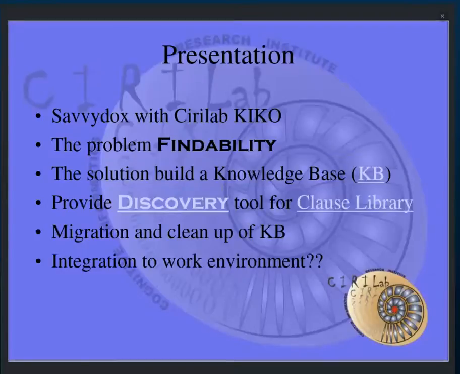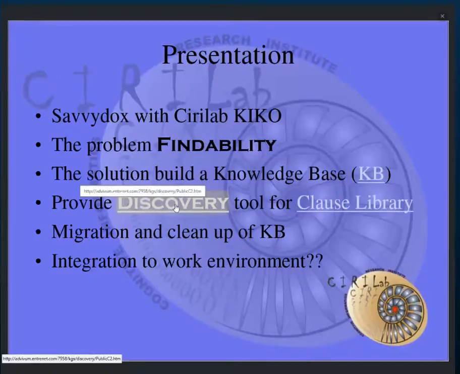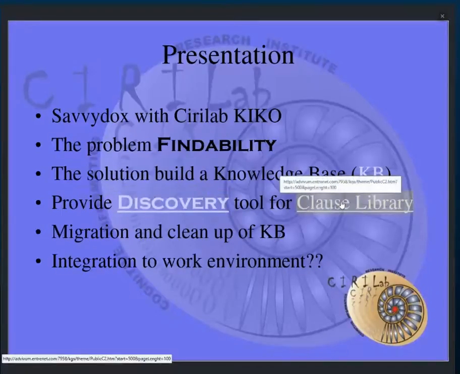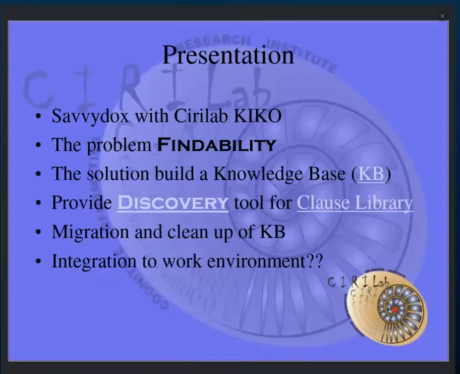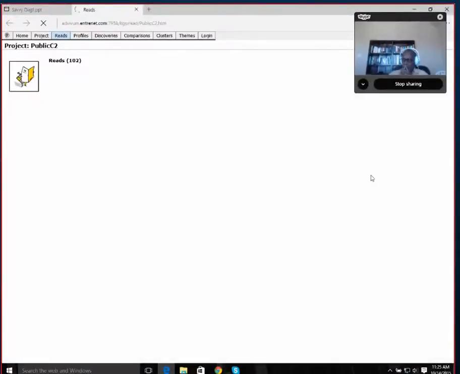We have two tools that now address information inside that knowledge base. One is our discovery tool, and number two is access to the clause library. And basically the client is interested in the clause library. And what is of interest, if I say now, let's take a look at the knowledge base that I've set up for our testing.